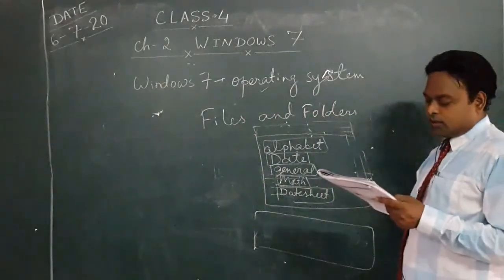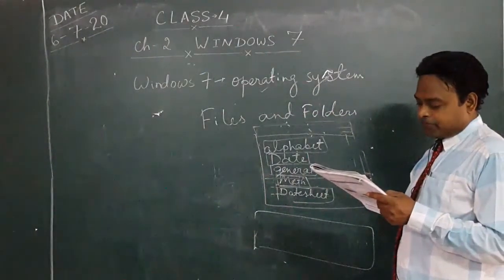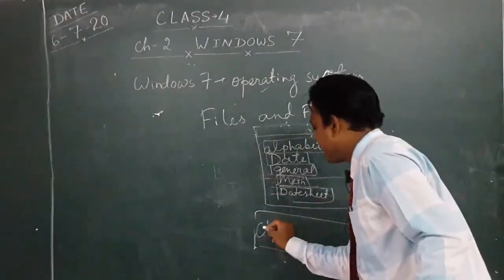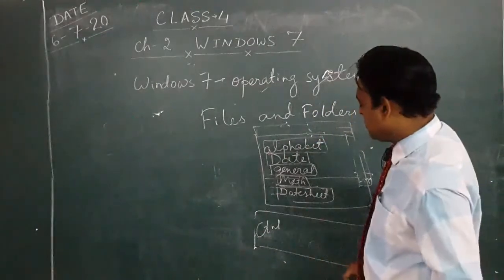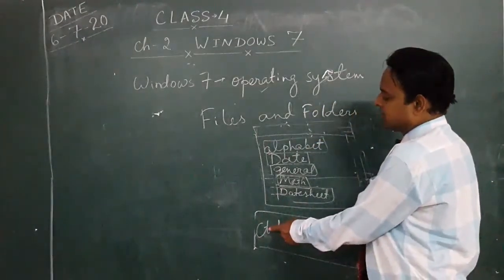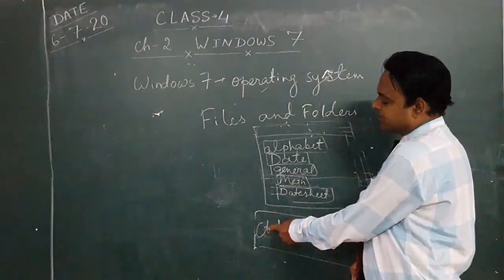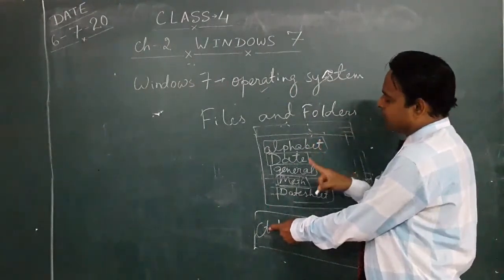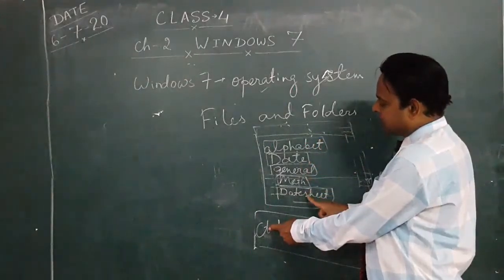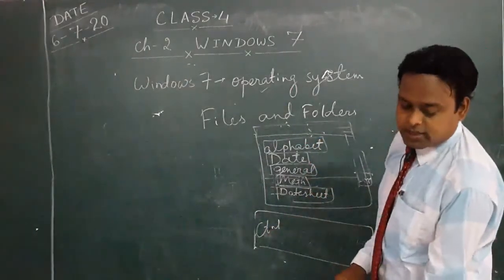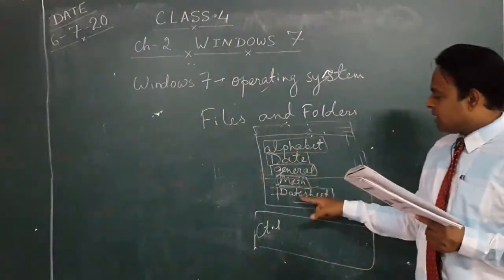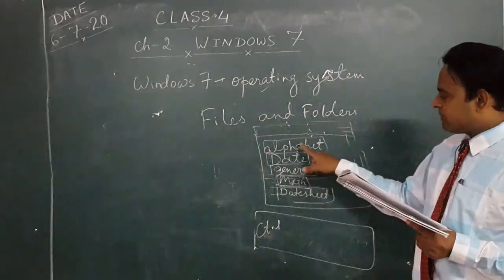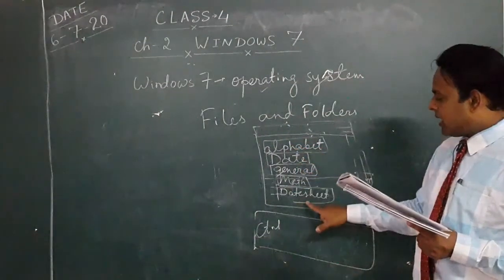So what I will do, I will first click alphabet, and then with one finger I'll press the control button on the keyboard, and then I'll click it here. Then with the mouse I'll click general, with the mouse I'll click date sheet. That means three different files which are in a non-consecutive group. These are not in an order. Okay, I have selected alphabet, general and date sheet.